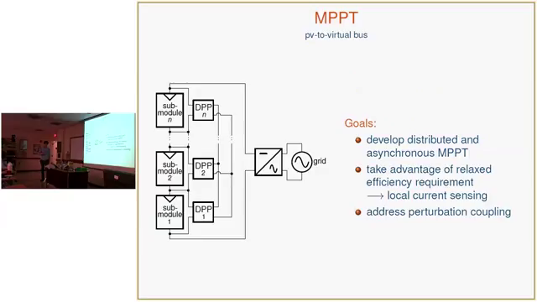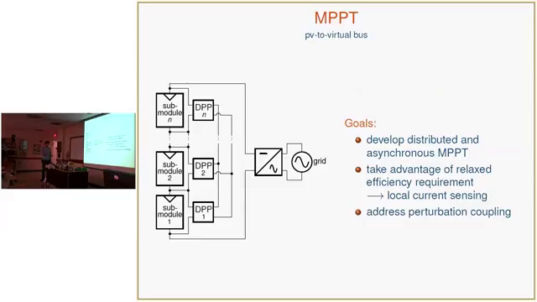Something that would be good to do is to take away those extra lines of communication by implementing an asynchronous maximum power point tracking algorithm. By asynchronous, I just mean that all of these DPPs are perturbing and observing independently from each other. They're not perturbing and observing at the same time.